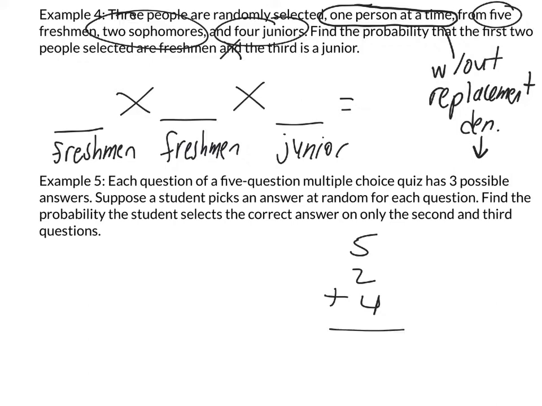When I add that together, 5 plus 2 is 7, plus 4 is 11 total. Before my hand goes in to select the first name, there are 11 total people. Since it's without replacement, when I go to select the second name, I'll be down to 10 people. When I go to select the third name, I'll be down to 9 people's names.